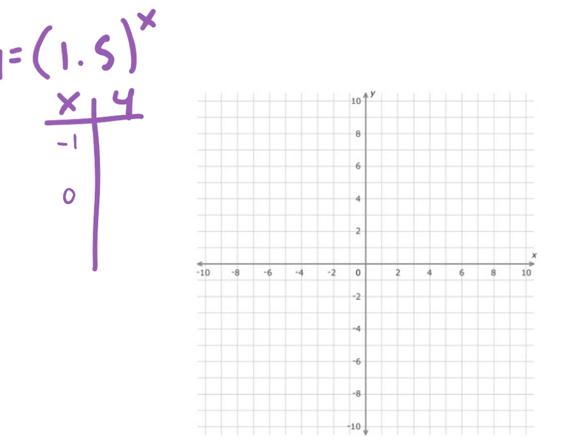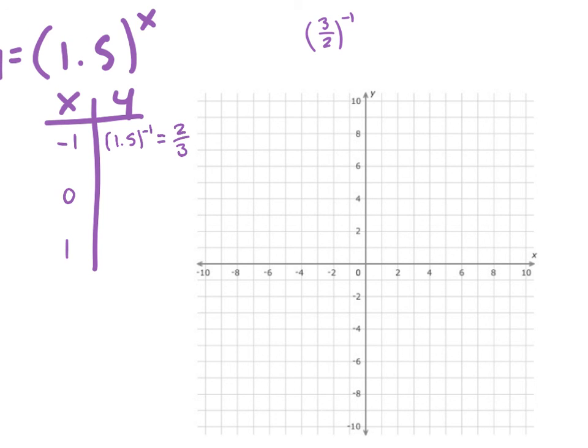Negative 1, 0, and 1. So we have 1.5 to the power of negative 1. What is 1.5 as a fraction? 3 over 2. So if we had 3 over 2 to the power of negative 1, what would that give us? 2/3.